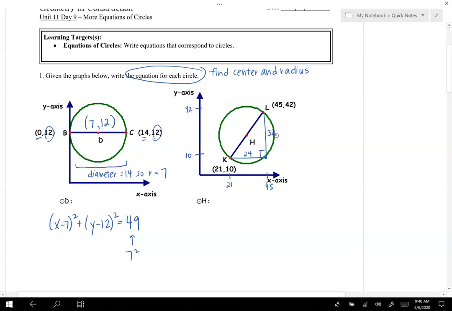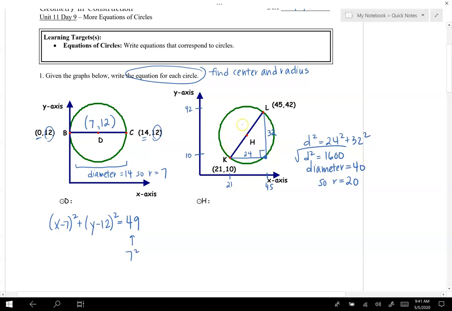So this side is 32. So we're just going to use Pythagorean theorem for the diameter. Diameter squared equals 24 squared plus 32 squared. And if we write that real quick in our calculators, which I'm doing right now, diameter squared equals 1600. So the diameter equals 40, which means the radius is half of that, 20.